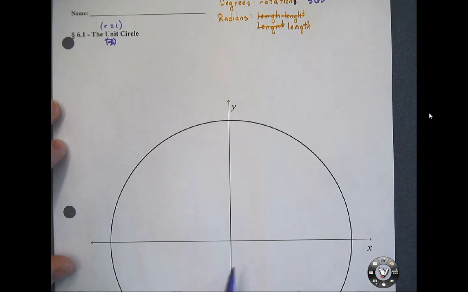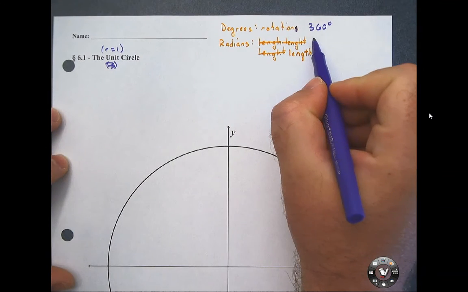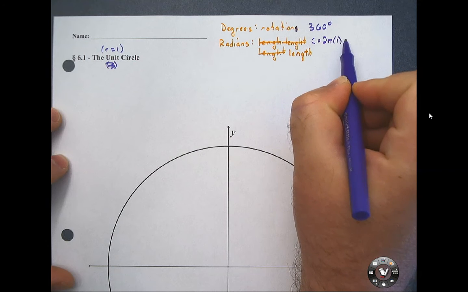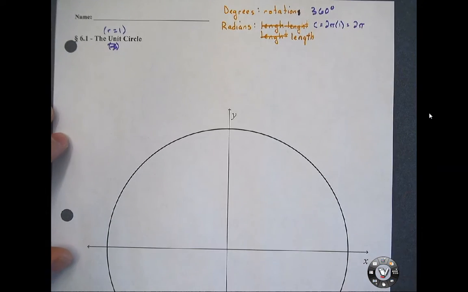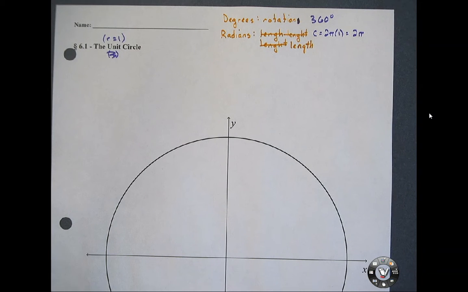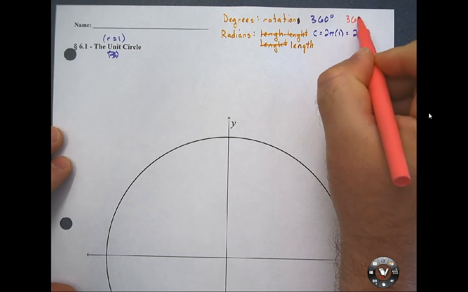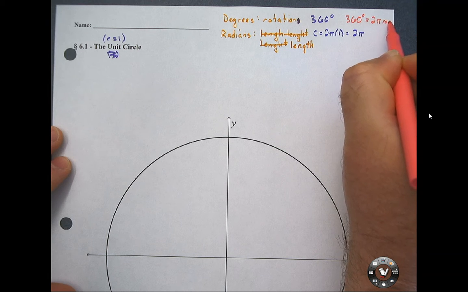So if the radius is 1 and I do 2 pi r, the circumference is equal to 2 pi. So the first thing you want to understand when it comes to the unit circle is this connection between degrees and radians. 360 degrees is equivalent to 2 pi radians.